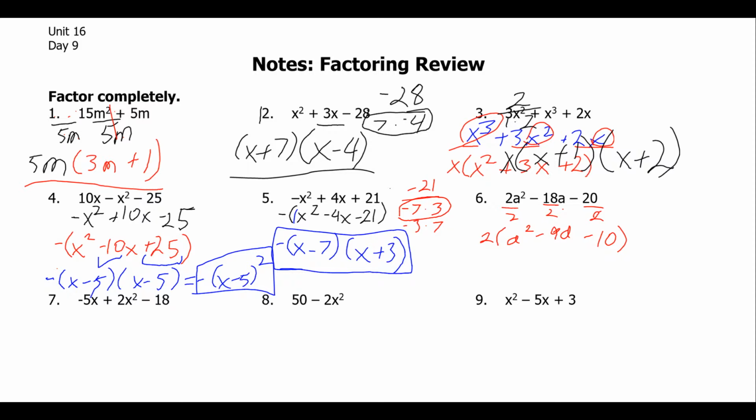Now let's see, how can I get negative 10? I can do 1 times negative 10, and that one will work. So what I wind up with is 2 on the outside of a plus 1, a minus 10. And there we have it.